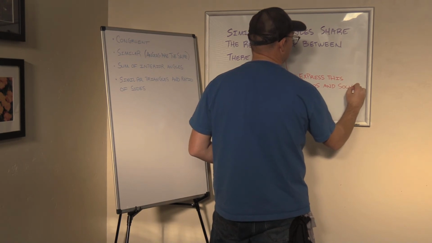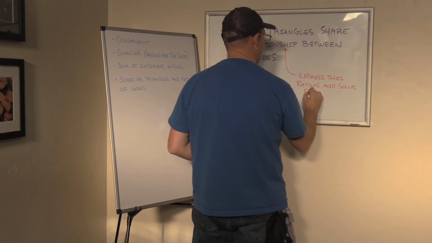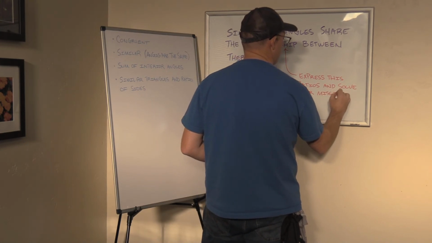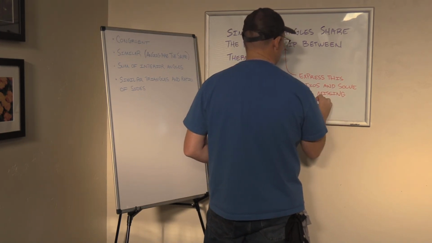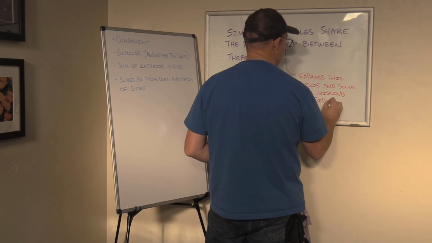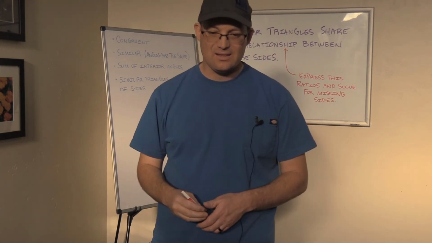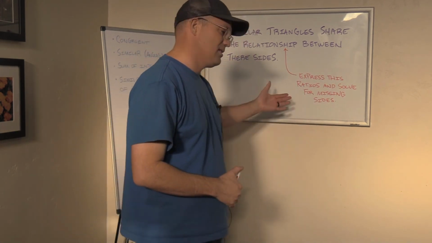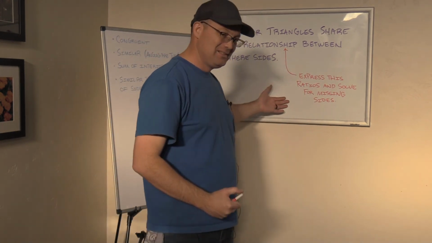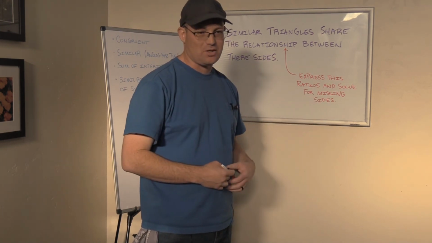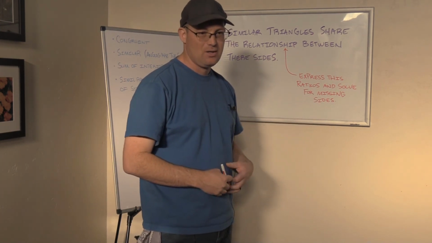And the reason this is important is because what trigonometry does is it allows us to take an angle of some known value and get the ratio between the sides that form the angle. It's really, really powerful.